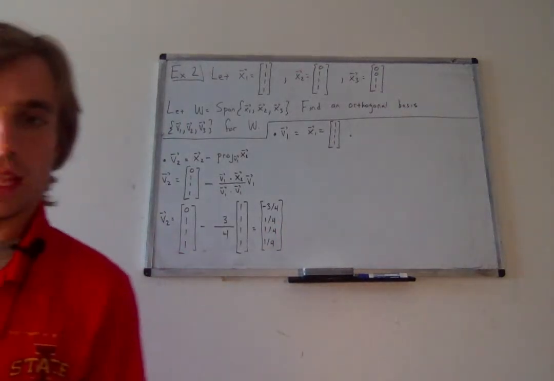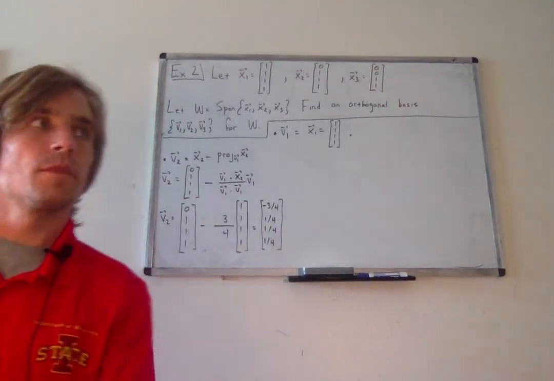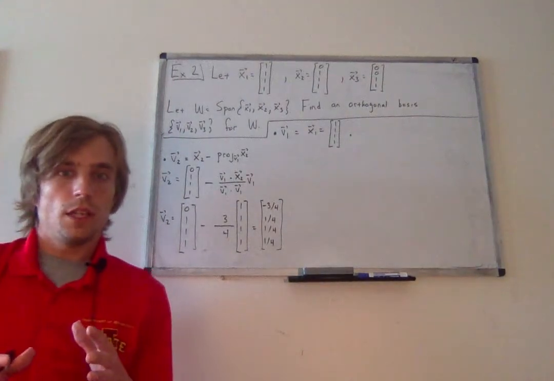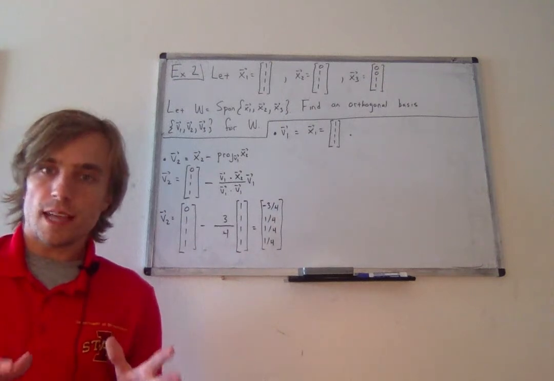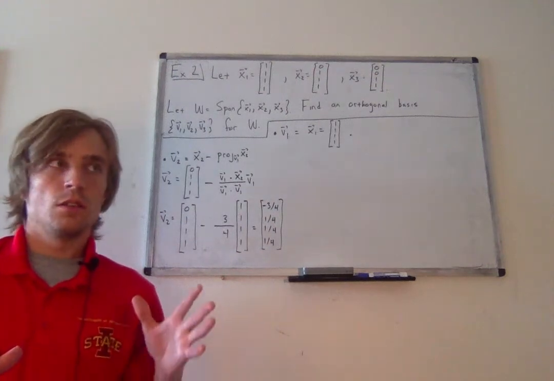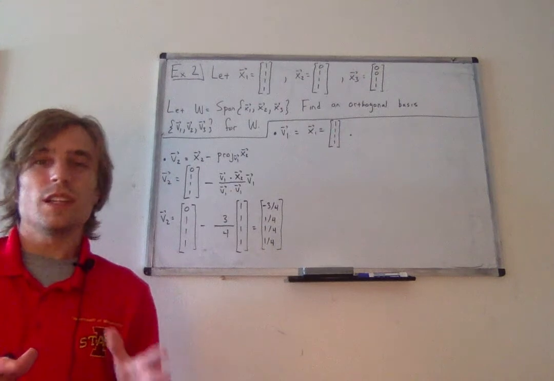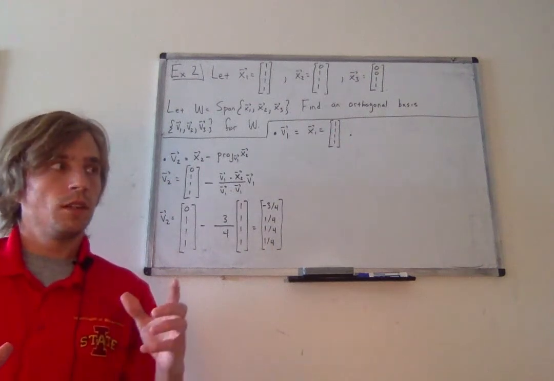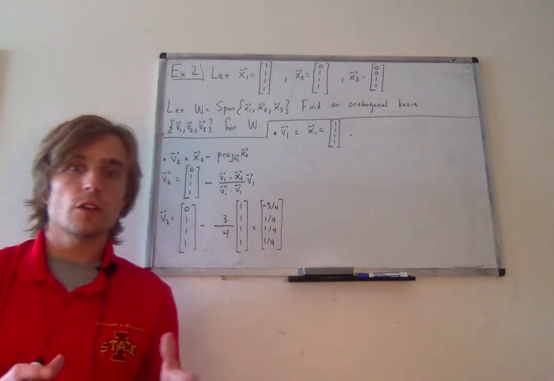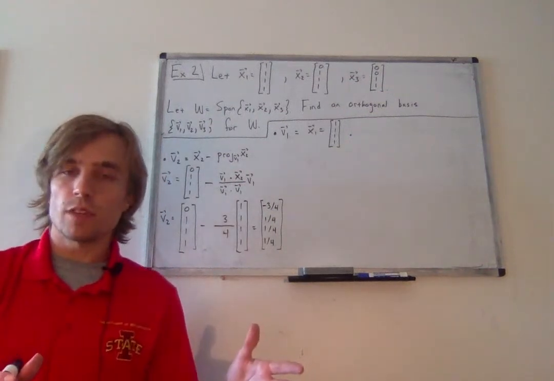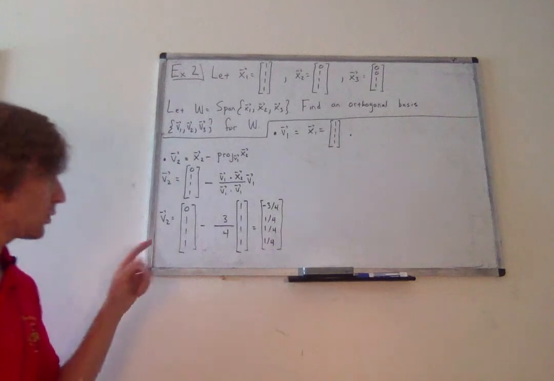But I don't like fractions, right? So if you remember, the dot product is affected by scalars, but basically, when we multiply a dot product of two vectors by a scalar, we can pull the scalar out of that dot product.